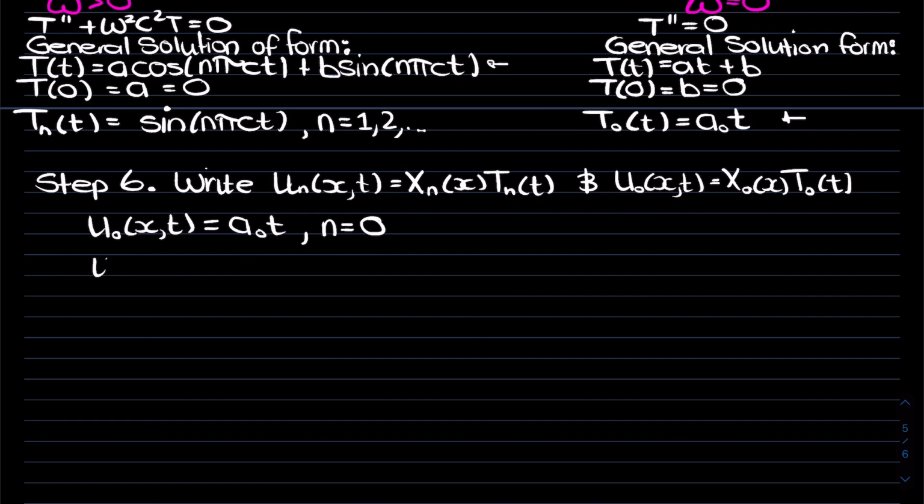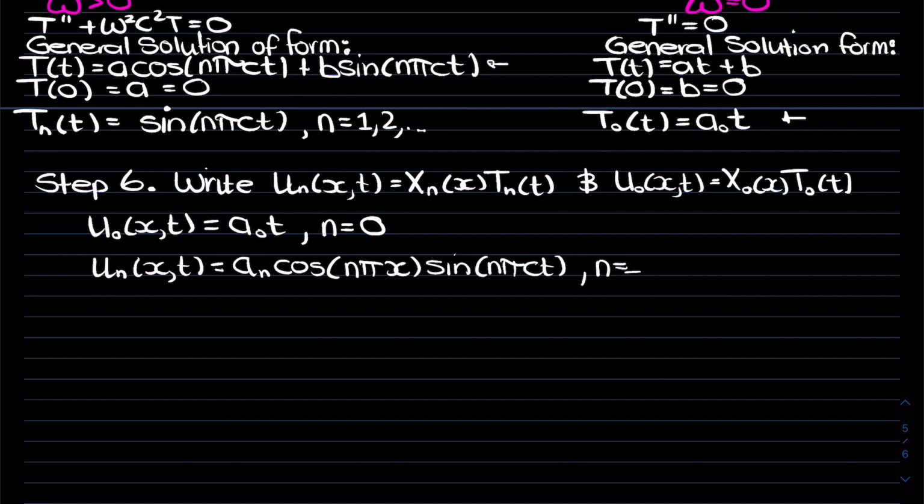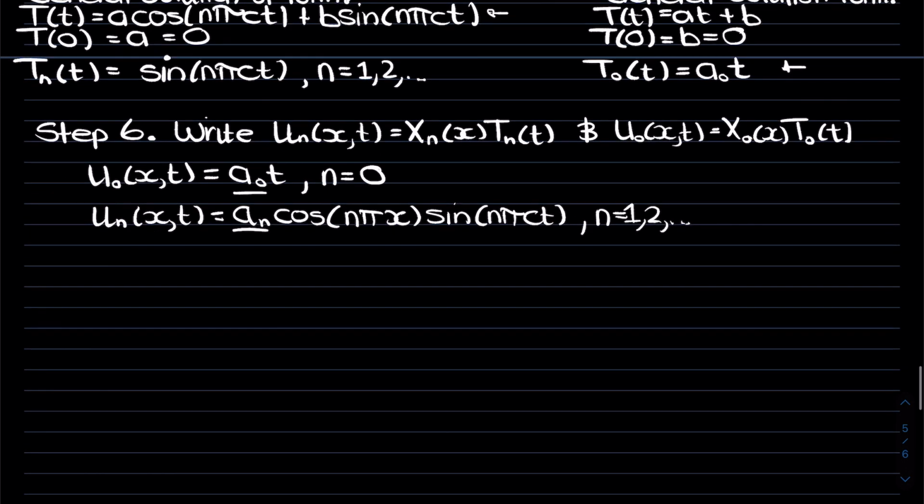So we also have u n of x,t equals a n cosine n pi x sine n pi c t, for n equals 1, 2, and so on. If you didn't write any of the constants in for X n and T n, just make sure you do write them in here.